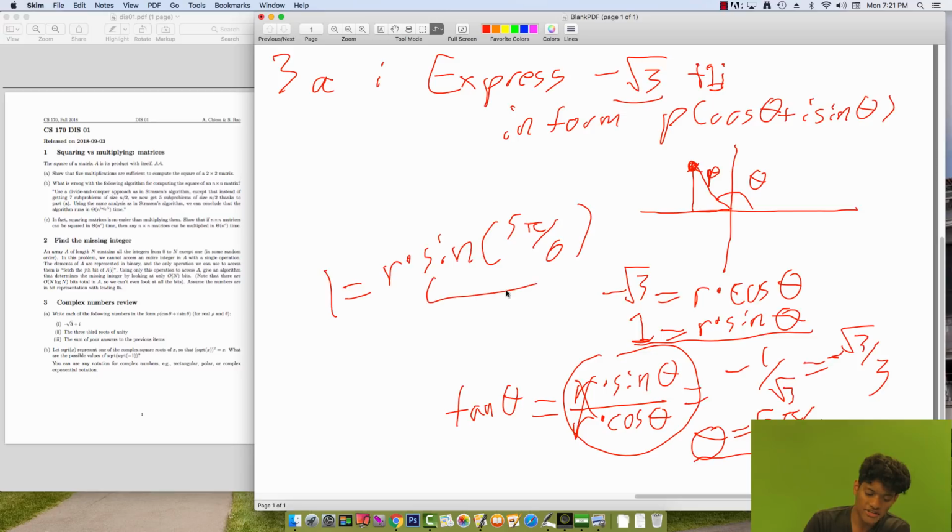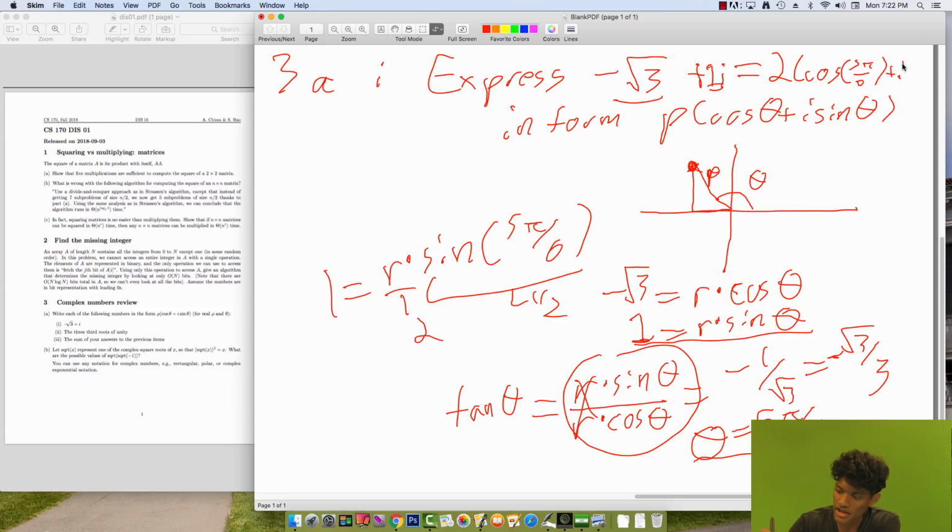Sine of 5 pi by 6 is 1/2, which tells us that r equals 2. Great. So that tells us that r is 2 and theta is 5 pi by 6. So we can write this as equivalent to 2 times cosine of 5 pi by 6 plus i sine of 5 pi by 6 to get our final answer.